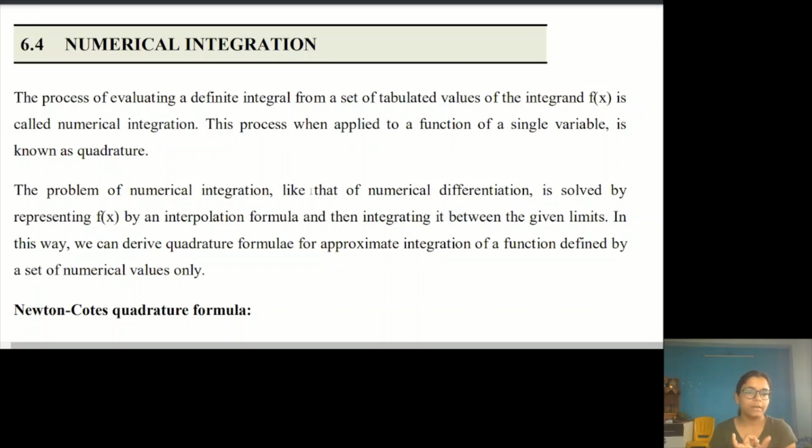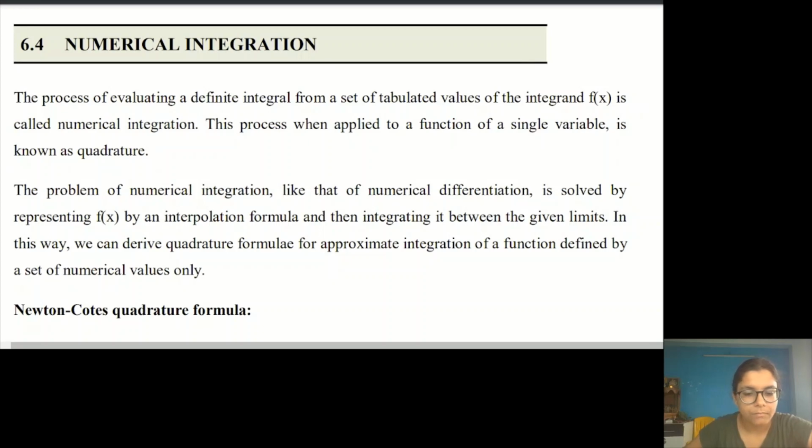We have f(x) for every term of x, so we integrate the limits between them, and through that we derive the quadrature formula for approximate integration of a function defined by a set of numerical values only. And how do we derive the quadrature formula?